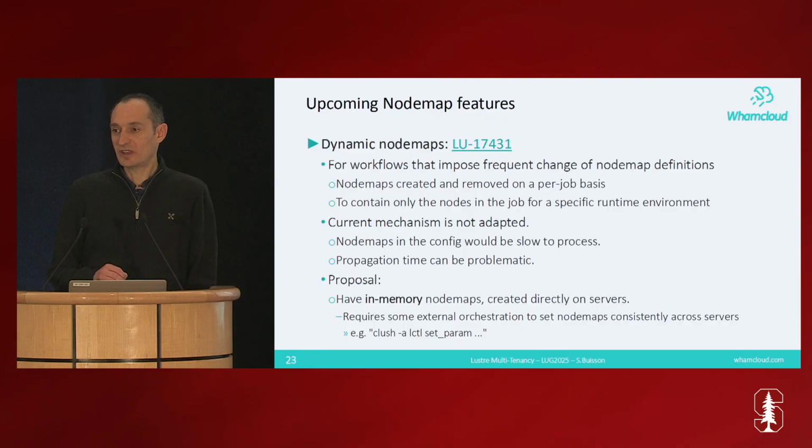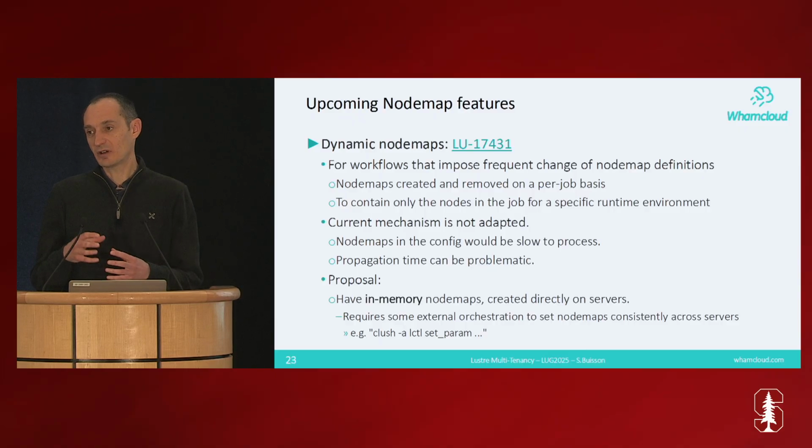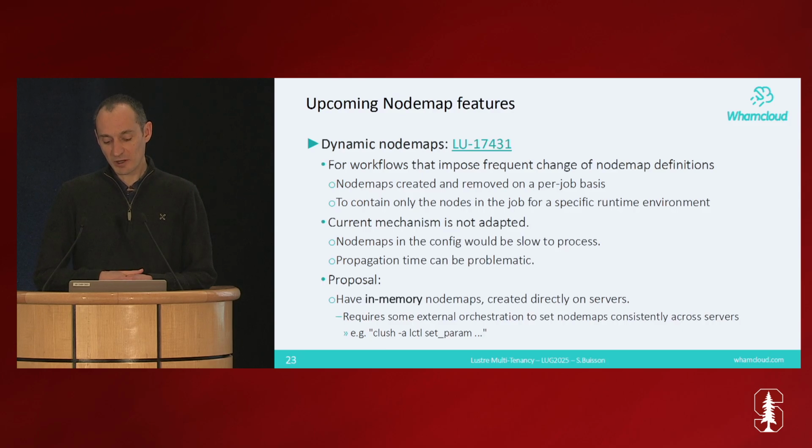So we have seen situations where there is a need to create node maps at a very frequent rate, for instance, for just the duration of a job, to include just the nodes that are part of the running job.